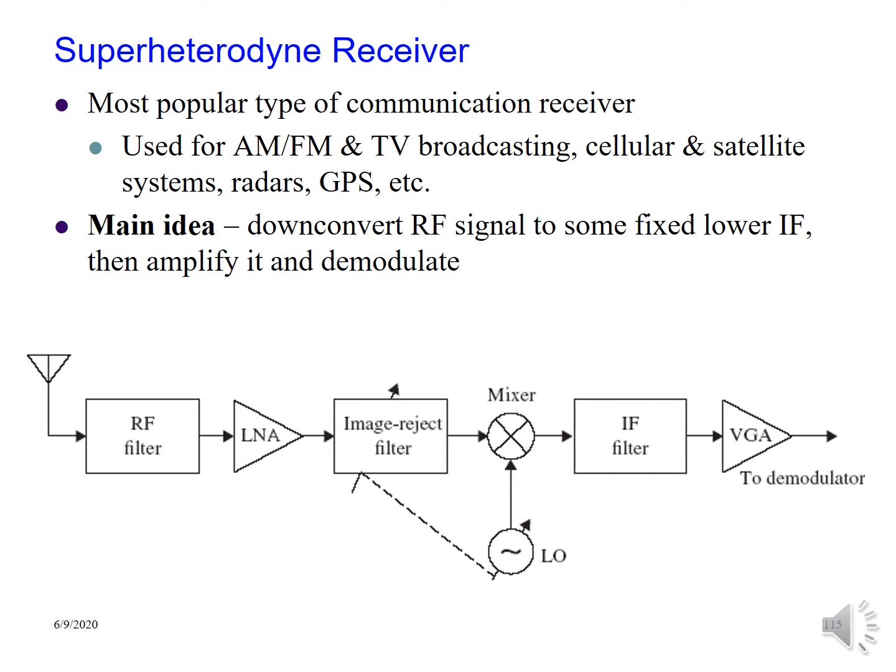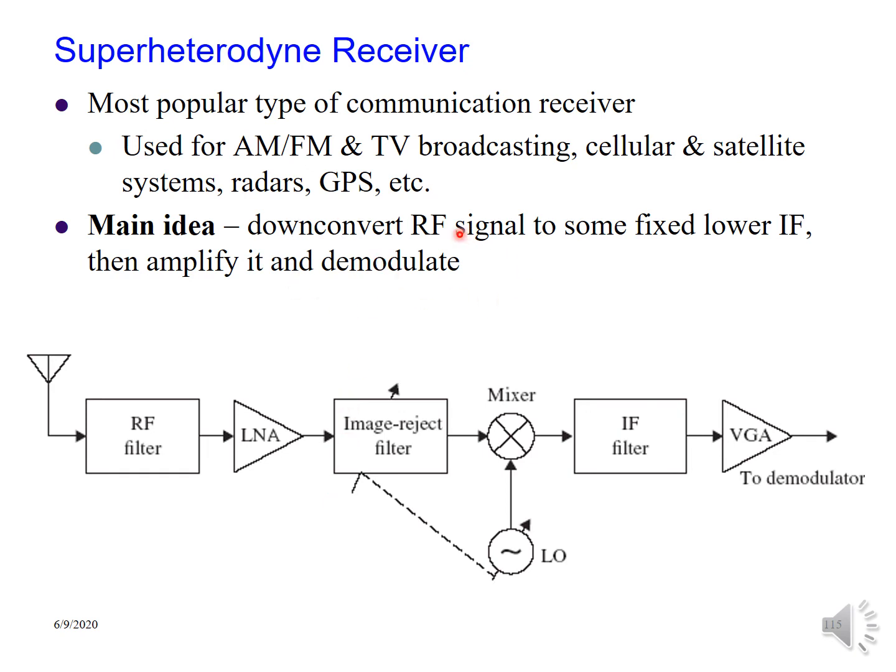Most communication receivers such as AM, FM, broadcasting TV, cellular, and satellite systems use it. The main idea is to convert the RF signal into an IF signal, then amplify it due to low power, and demodulate it to get the original signal back.